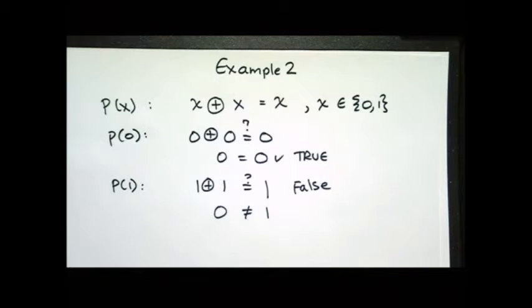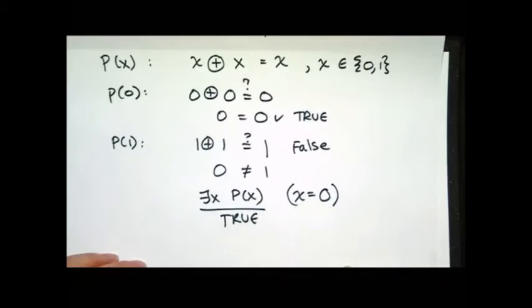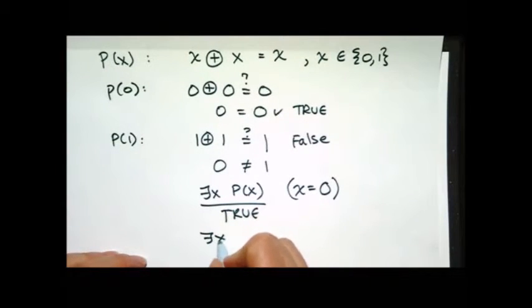So again, we have another function that is sometimes true, sometimes false. So we actually do have a variable x that makes P of x true. The variable that makes it true is x equals 0, right? So this is a true statement. And it's also true that there exists an x that makes P of x false, right?